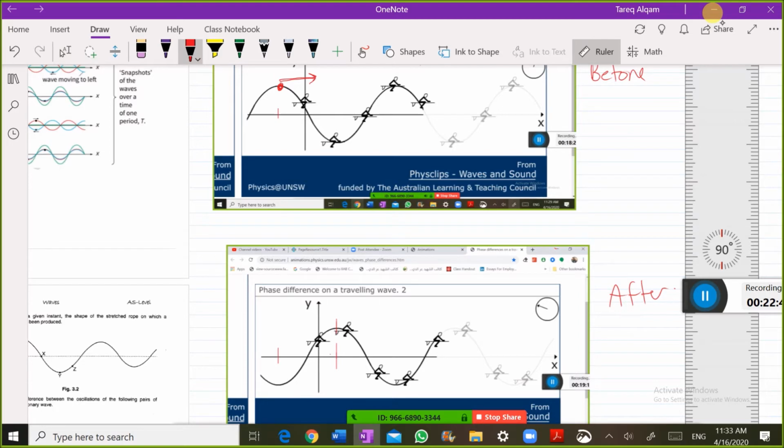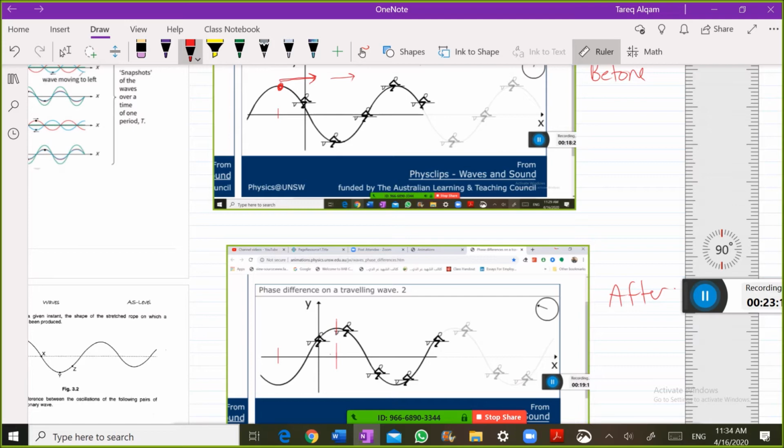This is in progressive waves. Clear? So I can say roughly speaking that the peak, or any particle, after certain time will be shifted horizontally. Or a disturbance is shifted horizontally with time. Any question about that?